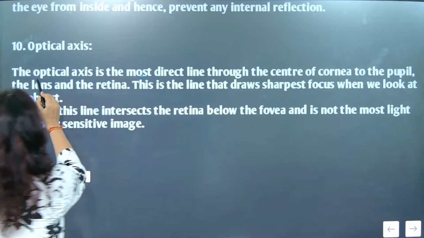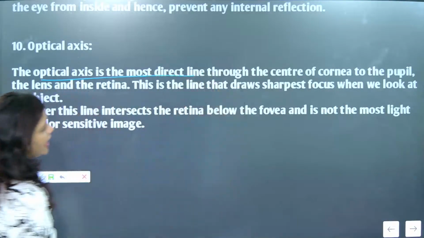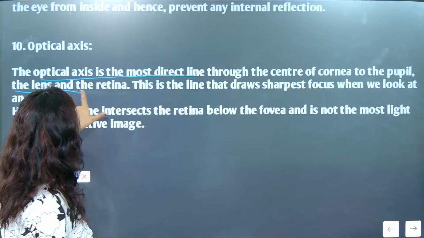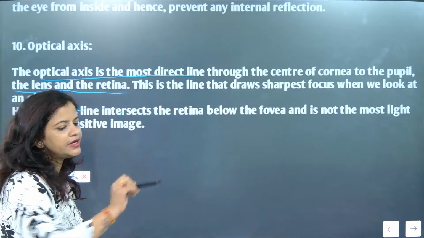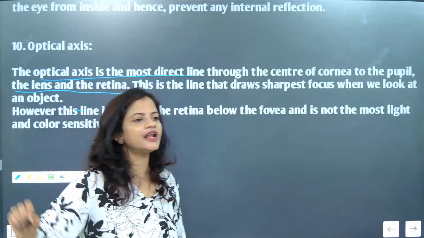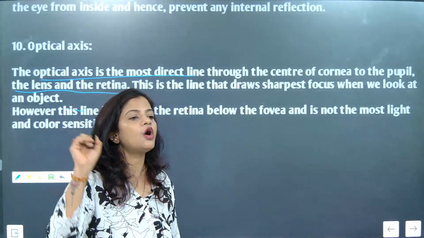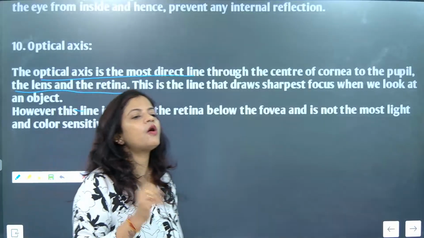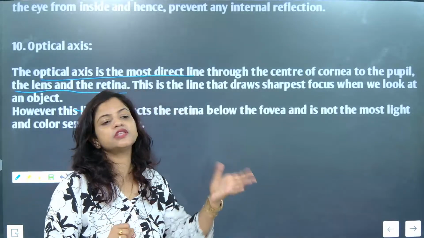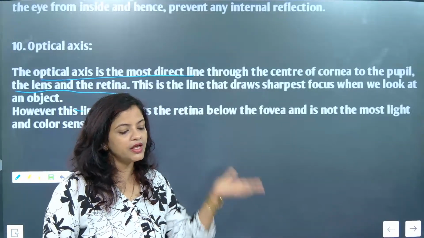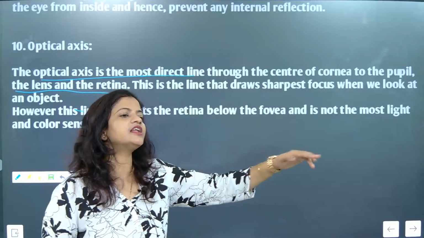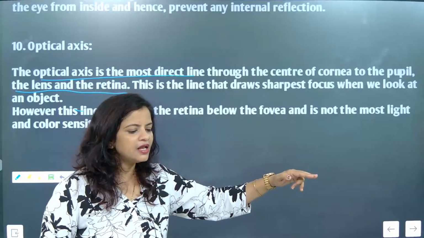The optical axis is the most direct line through the center of the cornea to the pupil, the lens and the retina. So one center line we are drawing, and that center line is called what, beta? Optical axis. Because vision is there, only that axis we align and write as optical axis. The center line is called optical axis.